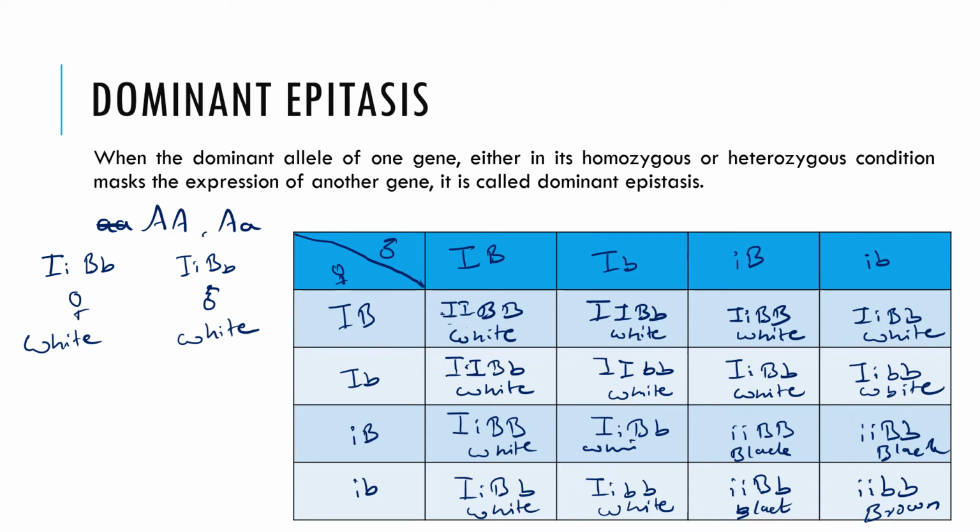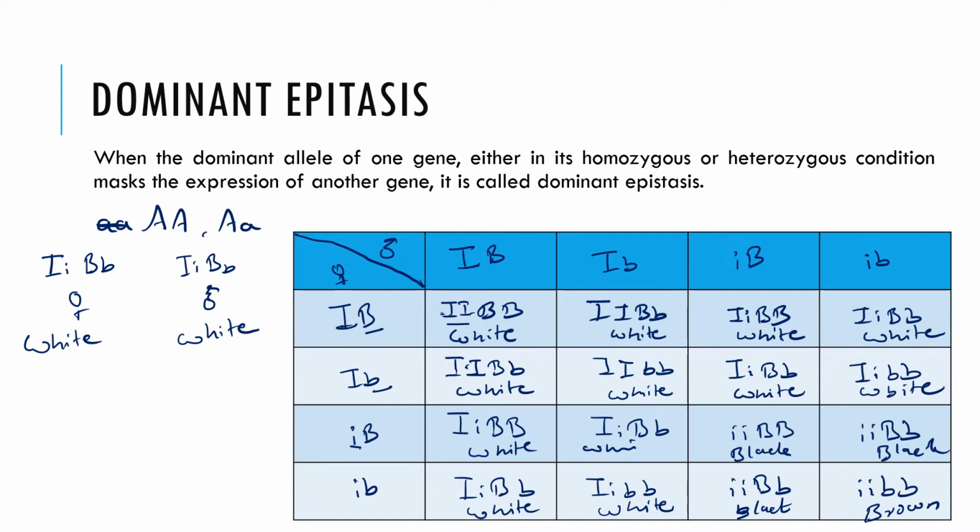These are two different genes. Capital I means I and B are alleles of different genes. Capital I is the dominant allele, small I is the recessive allele. Capital B is the dominant allele, small b is the recessive allele. Both the parents were heterozygous for both the genes, and both of them showed white color.